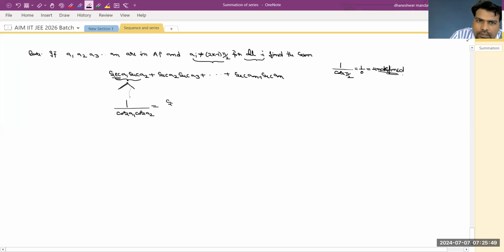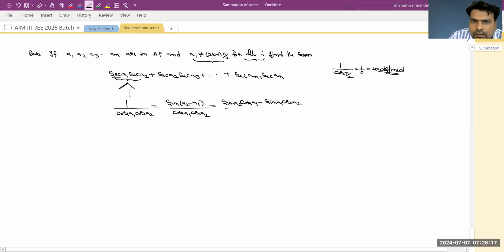So if I take sine of (A2 minus A1), because cos of A1 and cos of A2 are there, then here we have sine of A2 cos of A1 minus sine of A1 cos of A2.